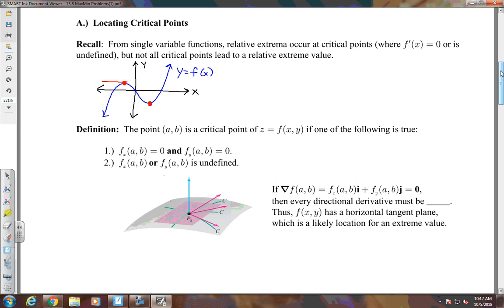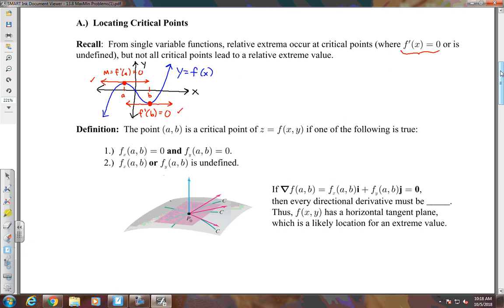Notice at each of these points, the tangent line is horizontal. So whatever the x value is here, we would know that the slope of this tangent line, f prime of a, is equal to 0. Similarly, whatever the x value is for this point, the value of the derivative at that point is 0. So if we find a location where the derivative is equal to 0, it is very likely to cause either a maximum or a minimum.